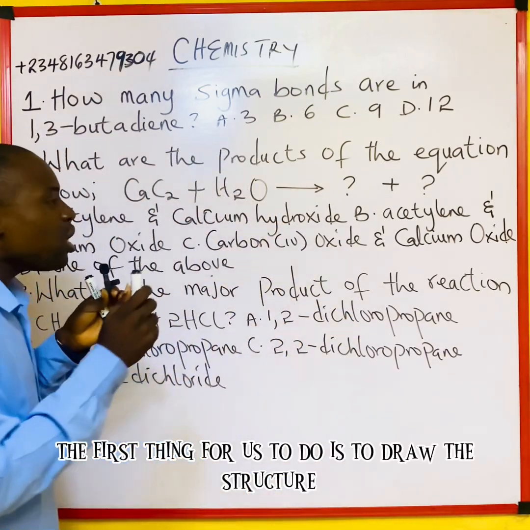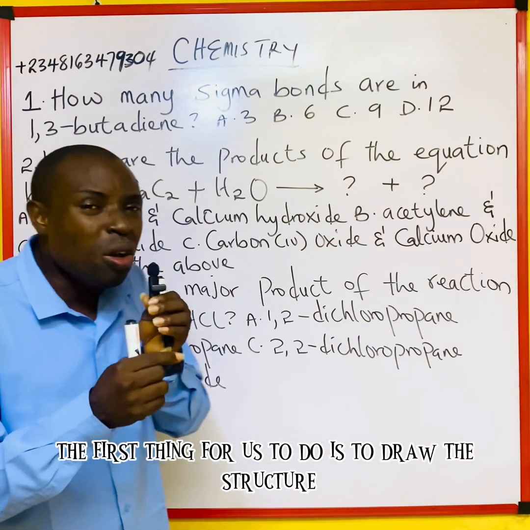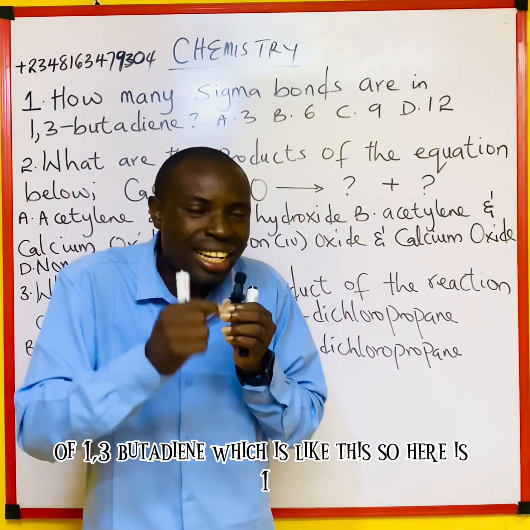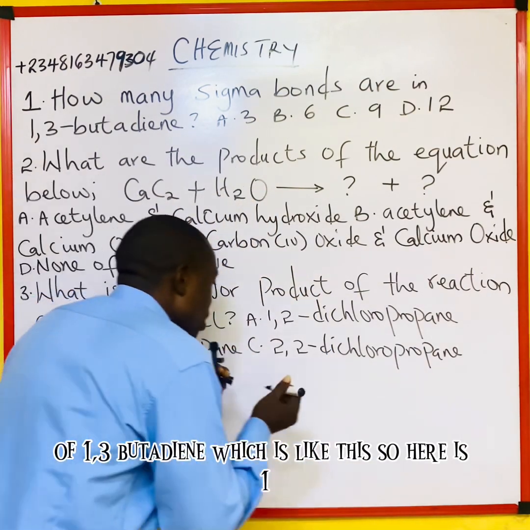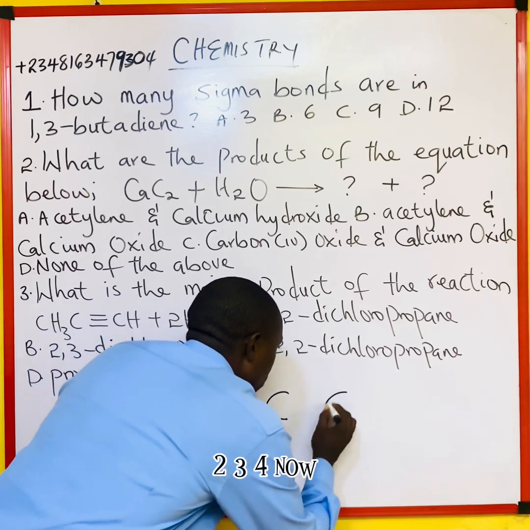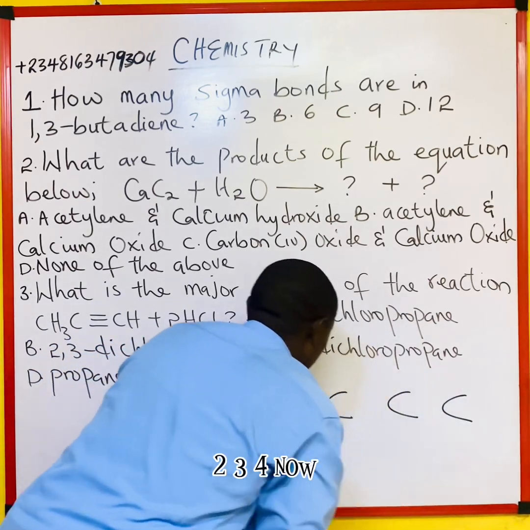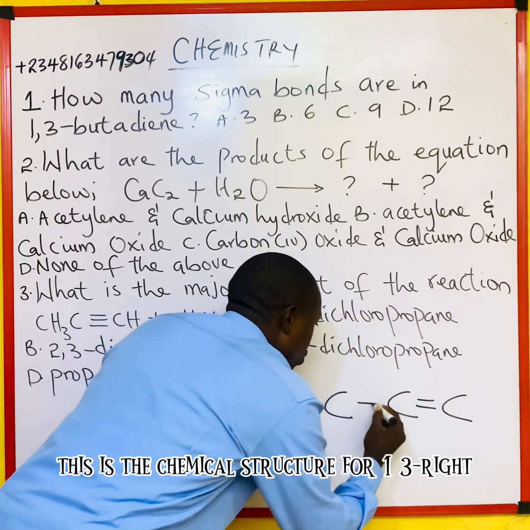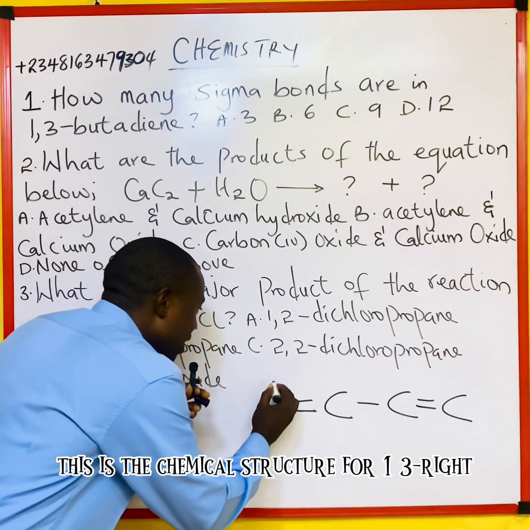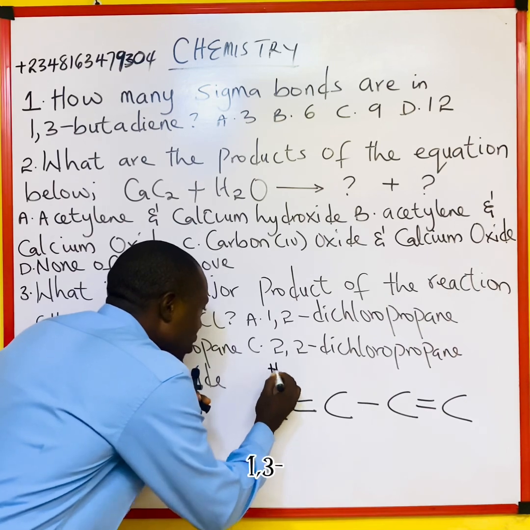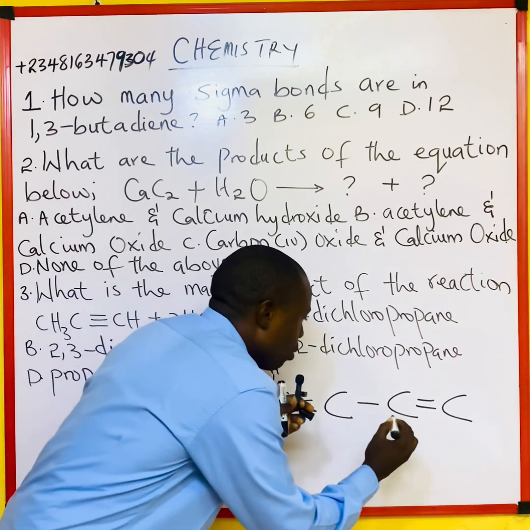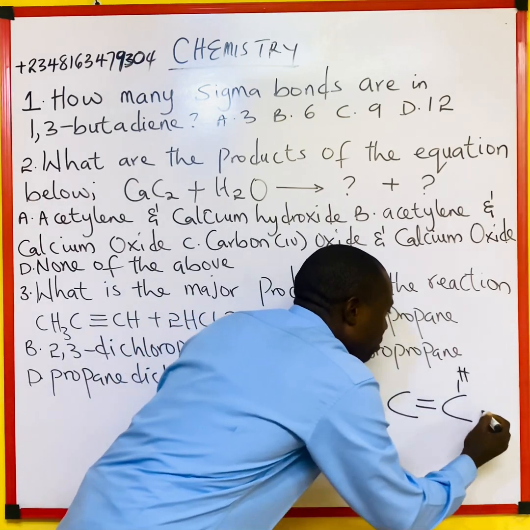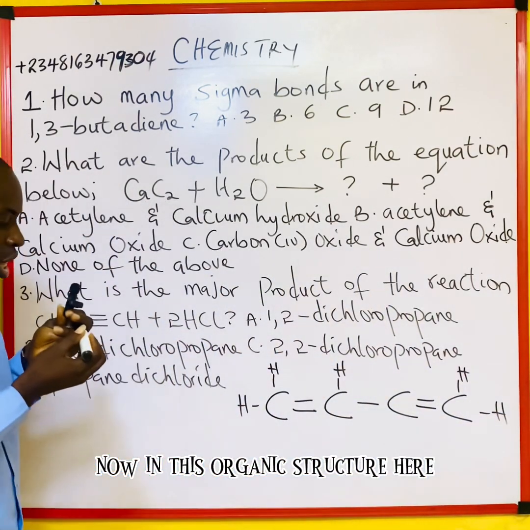Now, the first thing for us to do is to draw the structure of 1,3-butadiene, which is like this. So here is 1, 2, 3, 4. This is the chemical structure for 1,3-butadiene.